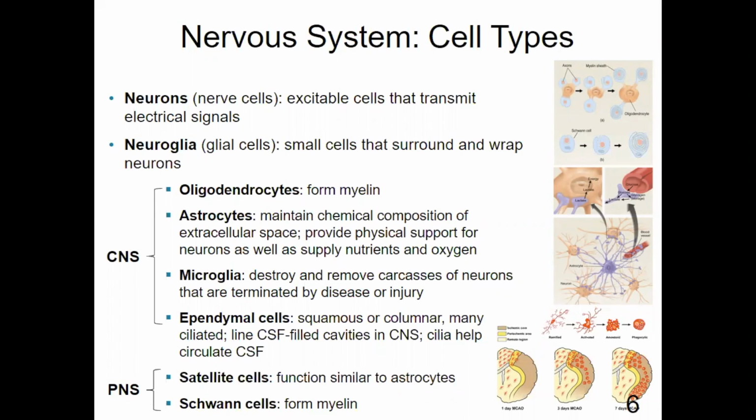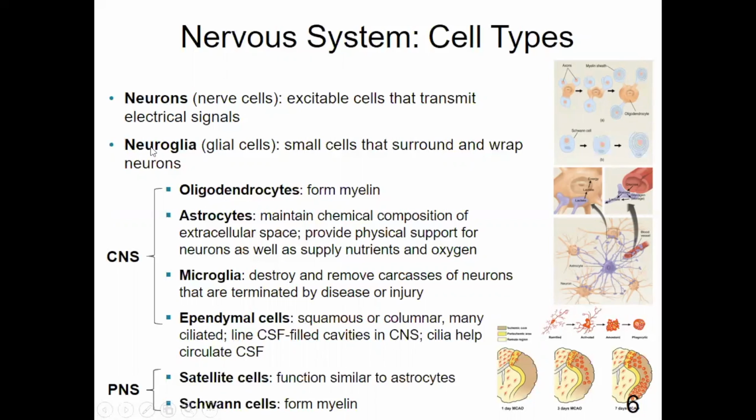let's look at the different cell types within the nervous system. The two main cell types of the nervous system are neurons or nerve cells and neuroglia or glial cells. So neurons are excitable cells that are able to transmit electrical signals.